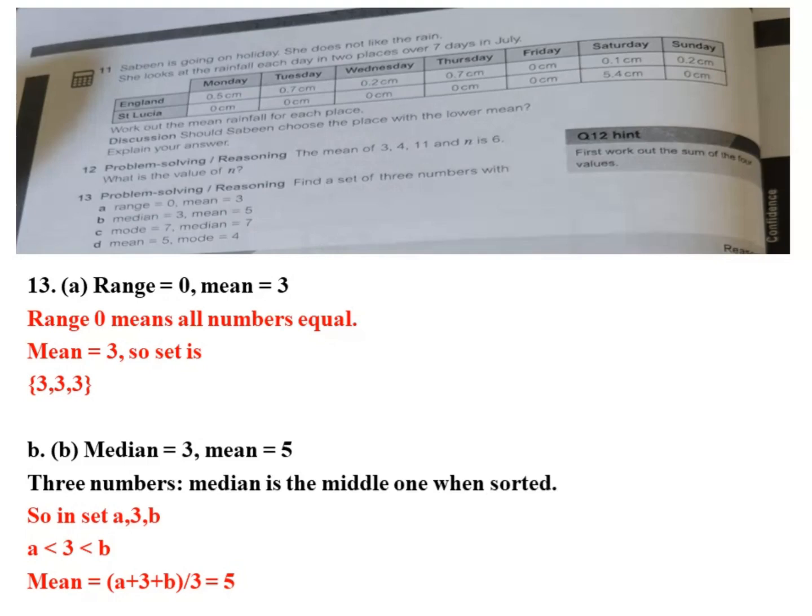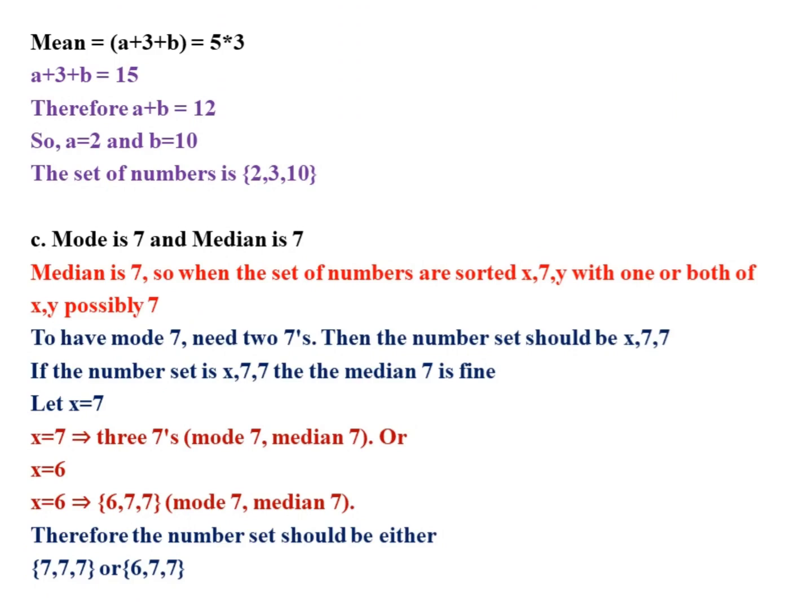So the equation can be written as a plus 3 plus b divided by 3 equals 5. Then multiplying both sides by 3, the equation becomes a plus 3 plus b equals 15.